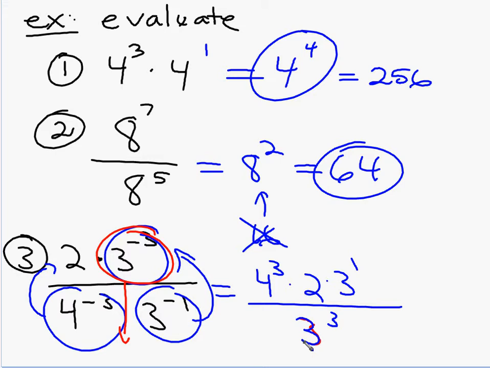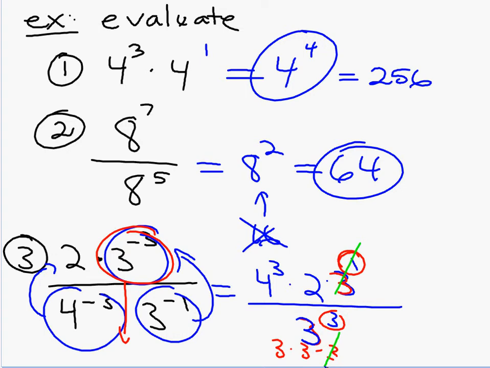However, I think in this case, the reason why I don't want to do it that way is because I wind up with a 3 to the negative 2, and then people are like, well, where does that go? I prefer in this case, when this exponent up here is smaller than this one, and they're both positive, to think of it as this is the same thing as 3, and this is the same thing as 3 times 3 times 3, and that goes away, that goes away.